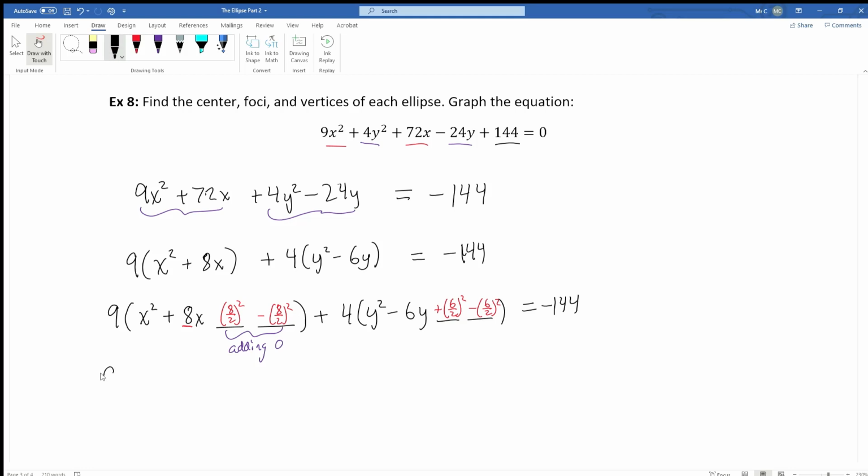So this gives me 9 times (x squared plus 8x plus 16 minus 16) plus 4 times (y squared minus 6y plus 3 squared, which is 9, minus 9).